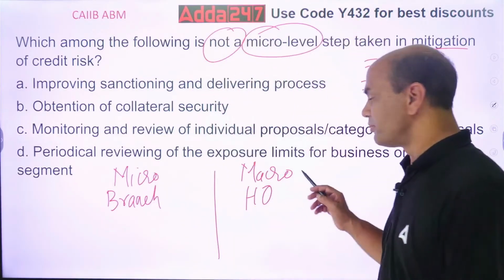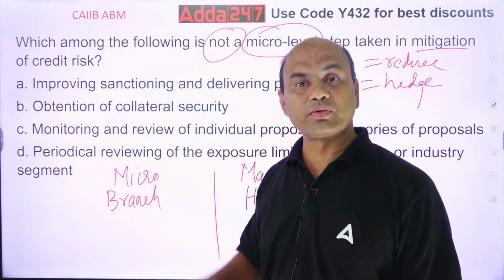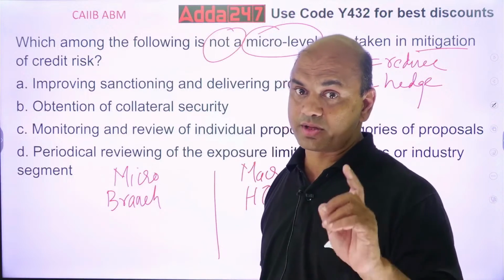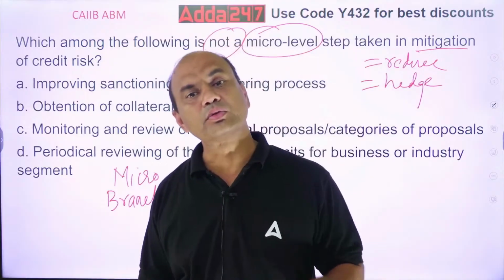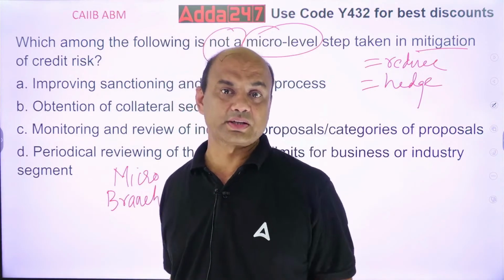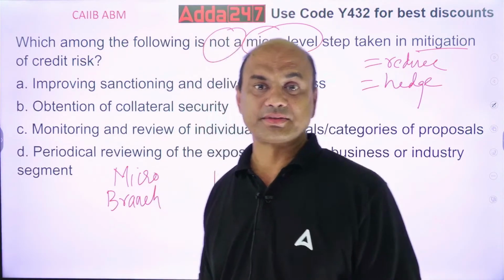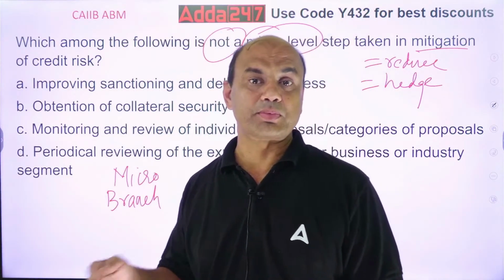And regarding macro level, it's at HO level. At HO level, we do 2 things. One is diversification, very important. You should not give a loan to a single sector. Number 2, derivatives. Derivatives are an important part.